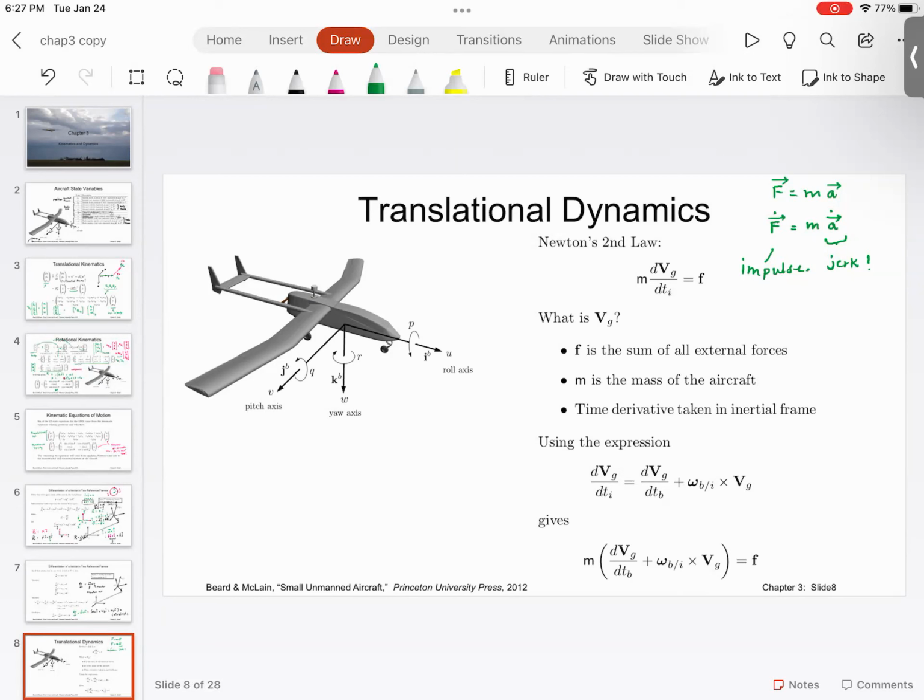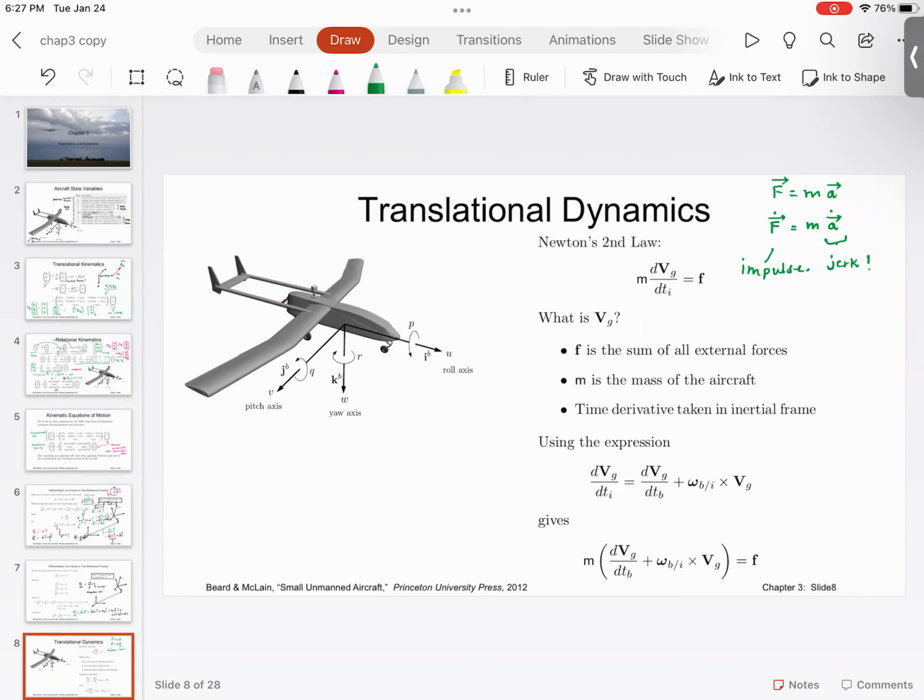You need to take the derivative of the linear momentum and equate that to force. But in the case of simple kinematics and dynamics and simple aircraft dynamics, we assume the mass is constant and take it outside, and we have the derivative of v.